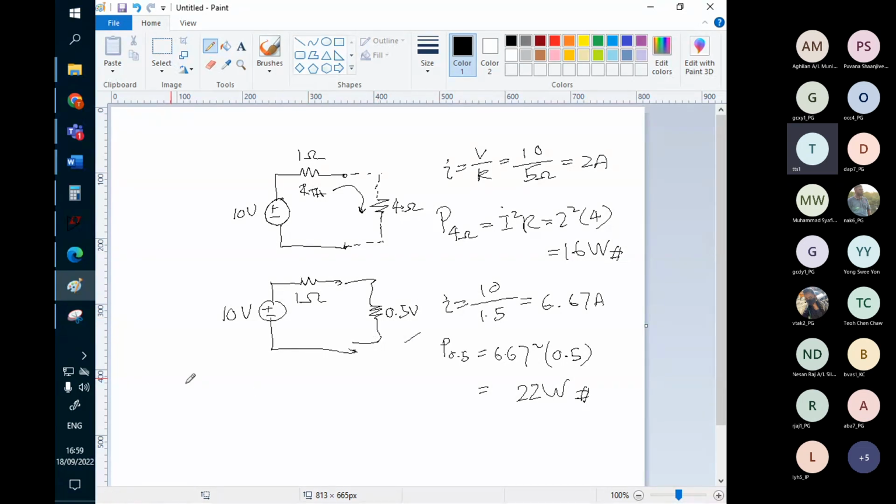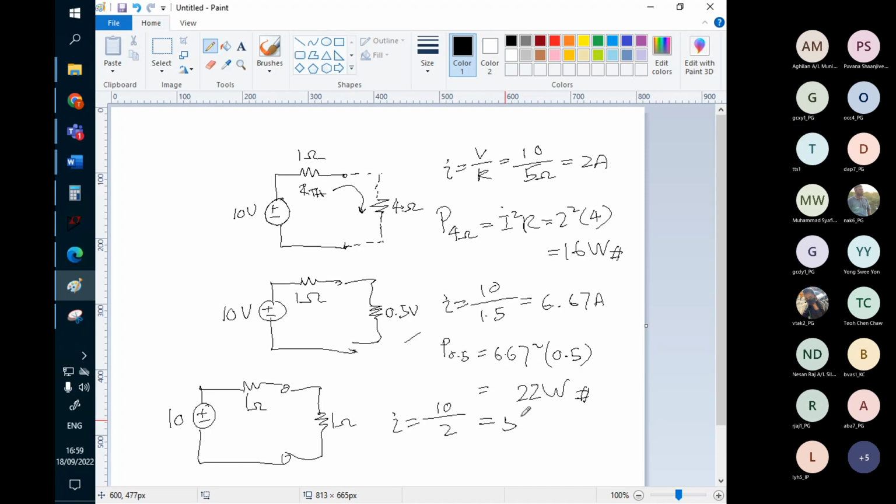How about you try 1 ohm? Let's try 1 ohm, and another 1 ohm. Okay, so let's do it again. I equal to 10 over 2, 5 ampere. P, 1 ohm equal to 5 square times 1.